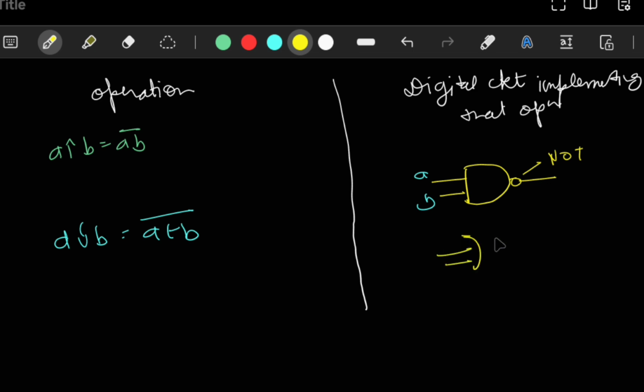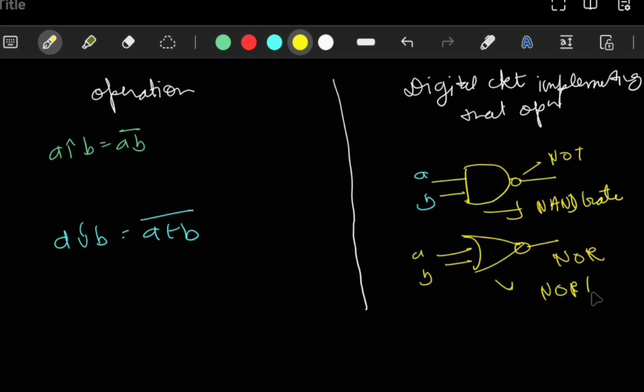So this circuit will do OR, right? Then you'll do NOT. Then this is your NOR operation digital circuit. This is called NAND gate, and this is called NOR gate. Not of AND, not of OR.